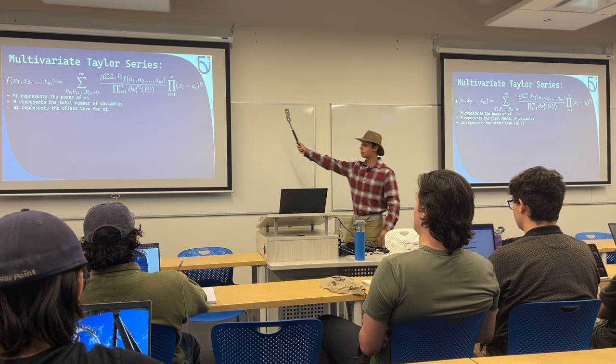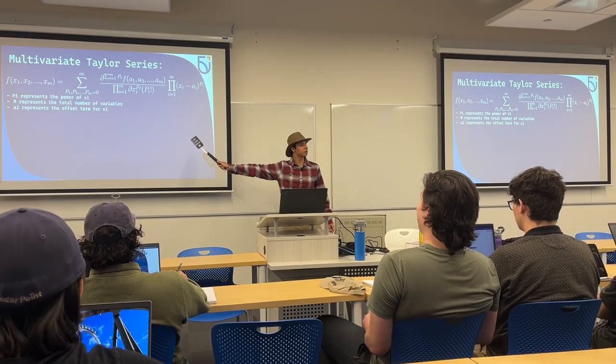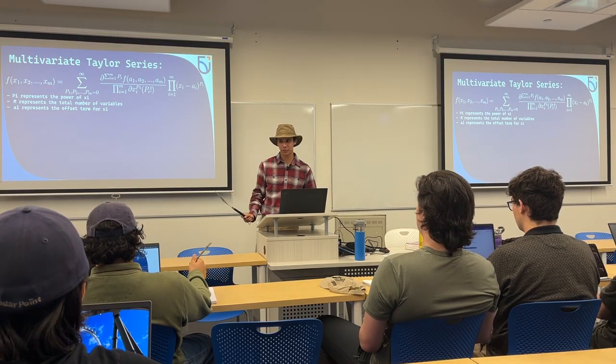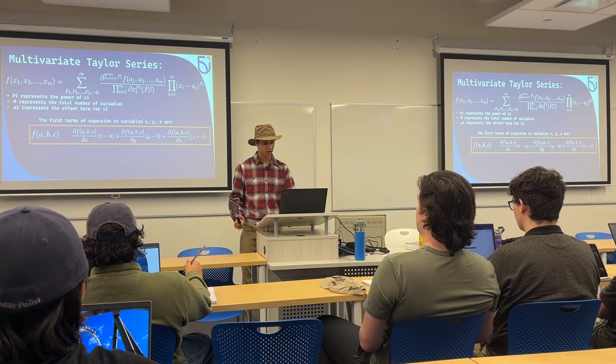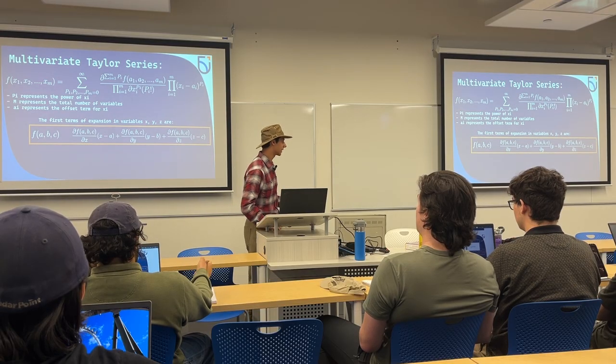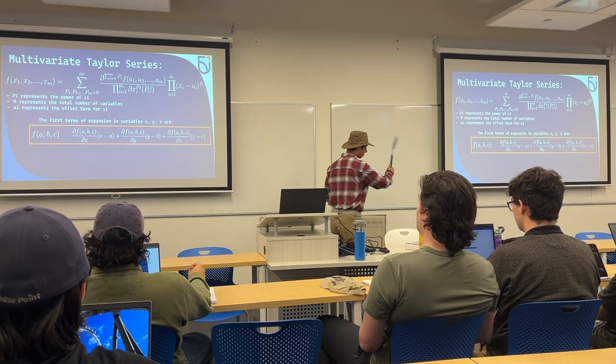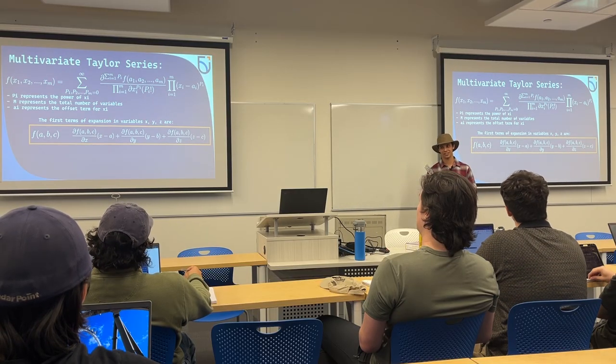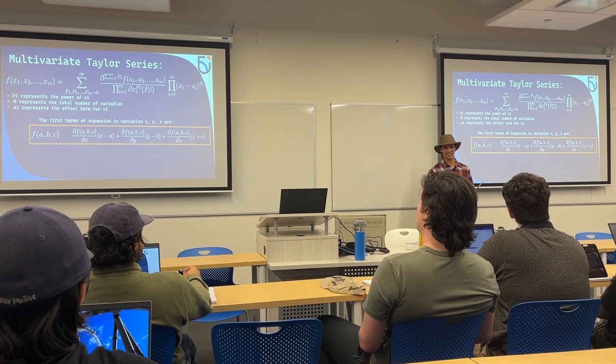So you don't need to memorize this. Please don't memorize this. You're going to give yourself a bad time. But let's expand the first couple terms so that you guys can see what's actually happening here. These are the first order terms, first order differential terms. They are very nice. We like these. They are not messy.